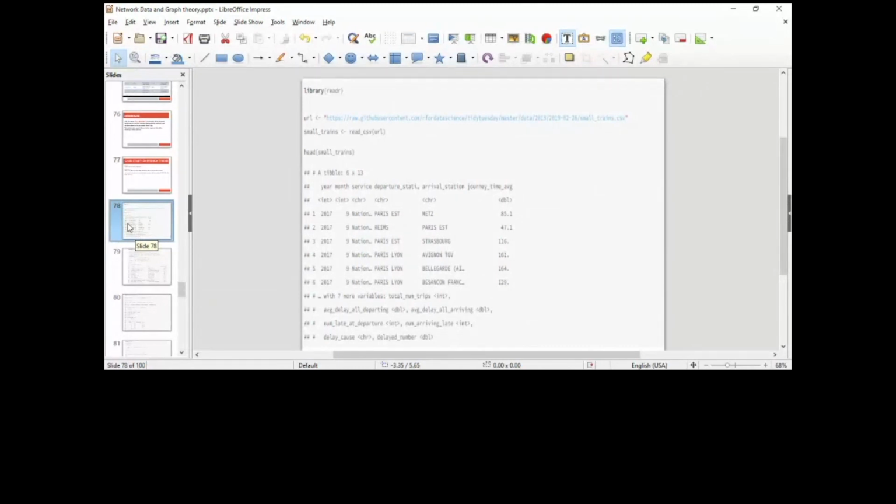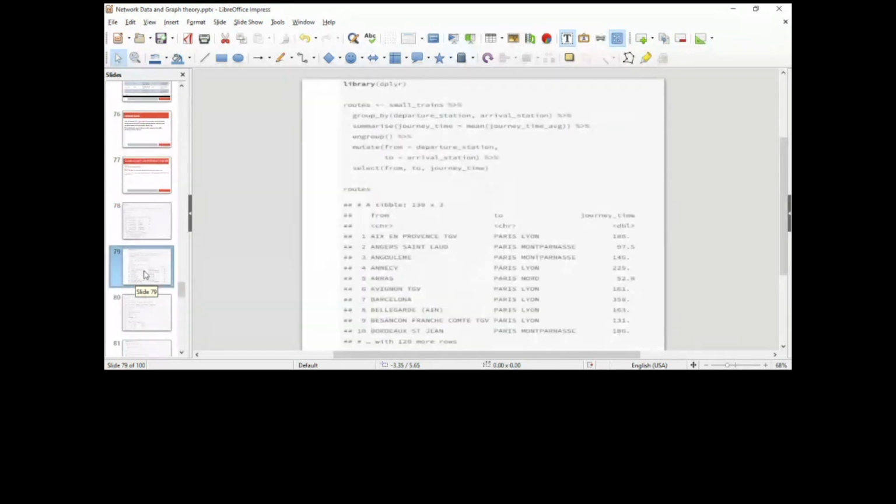It also includes the average journey time it takes to go between stations. Look at it here. This is the route, from this station to this station, and then the journey time.